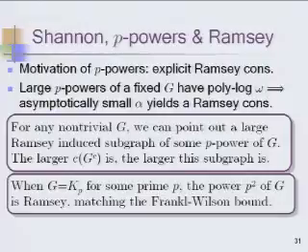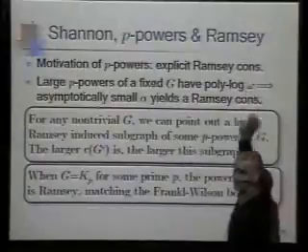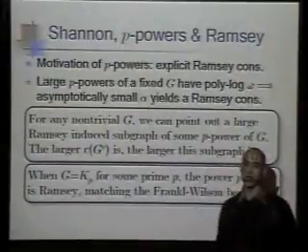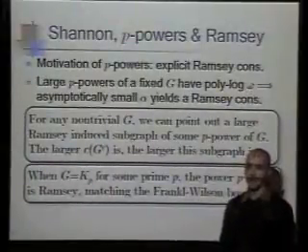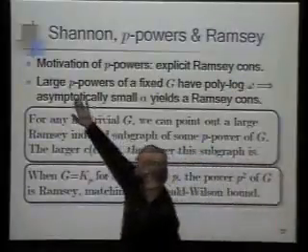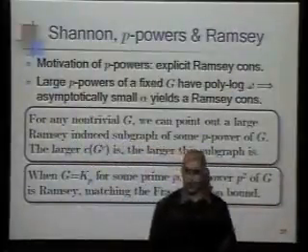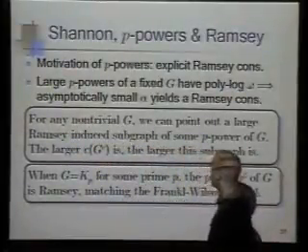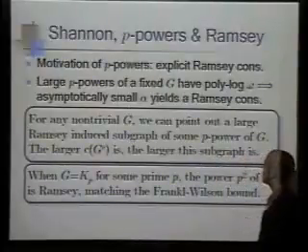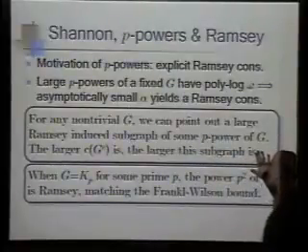So our motivation was to create explicit Ramsey constructions. We're good with the clique number. The clique number was good to begin with; taking a prime p instead of mod 2 just increases it polynomially. We only had to worry about independence numbers. And this is the final thing to say.